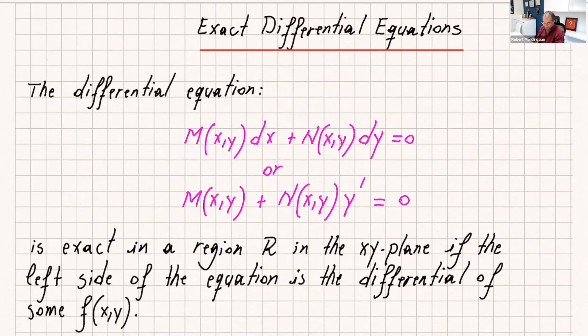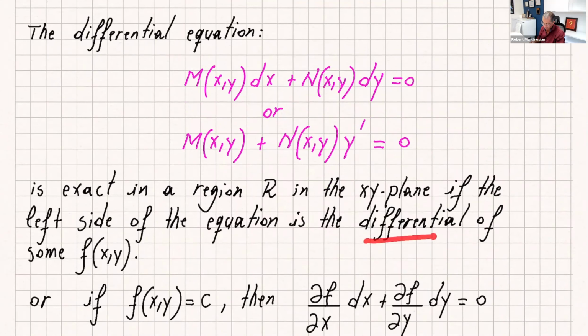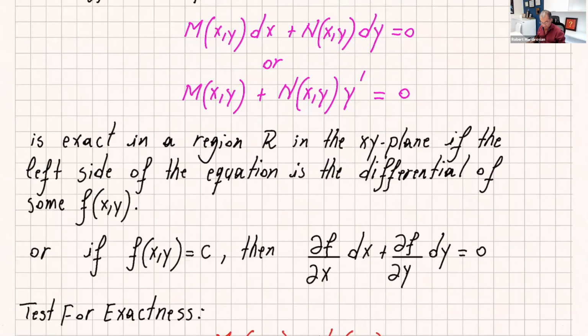Now if you have this differential equation, we saw this expression M(x,y) dx plus N(x,y) dy equals 0, or if I write it like that, M(x,y) plus N(x,y) y prime equals 0, it is exact in a region R in the xy plane if the left side of the equation is the differential of some function f(x,y). We saw that. I'm just repeating myself, but there's nothing wrong with that.